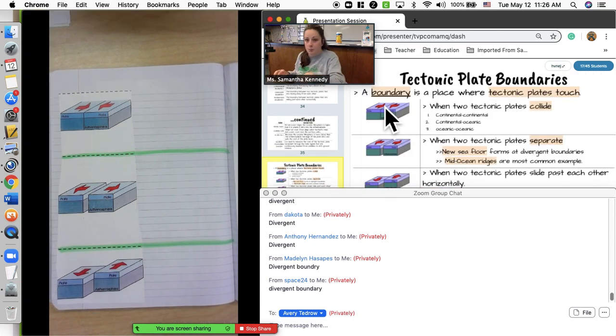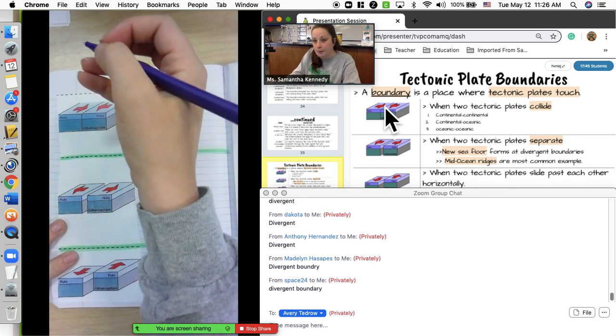Okay, so let's put the definition up at the top, where it says a boundary is a place where tectonic plates touch. I'm going to put that at the very top of my page.